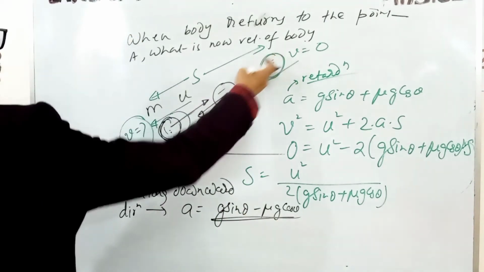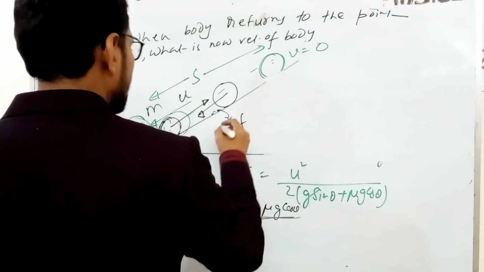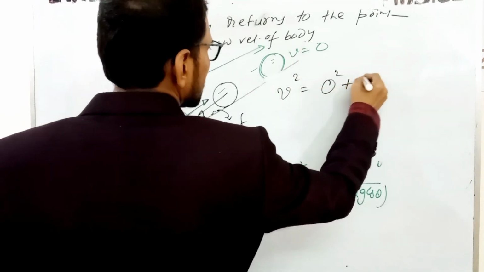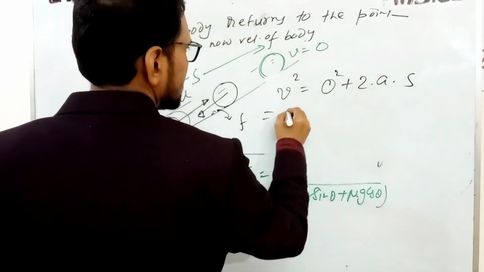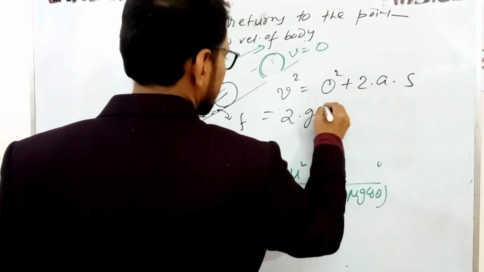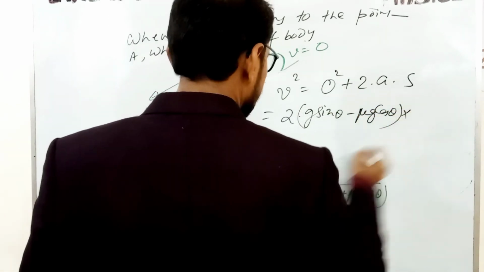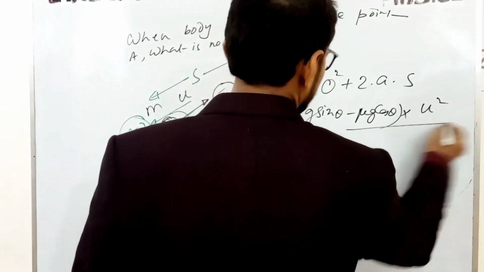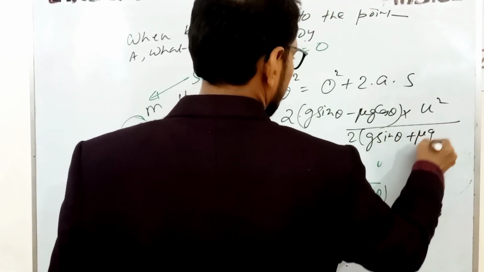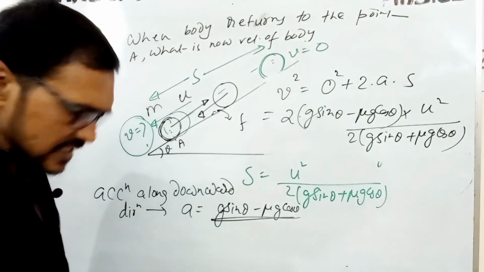Now the distance covered is s. So what is the equation of motion? Velocity here, v square equals 0 plus 2as. The acceleration is this and s is this. So v equals this. So this is the result.